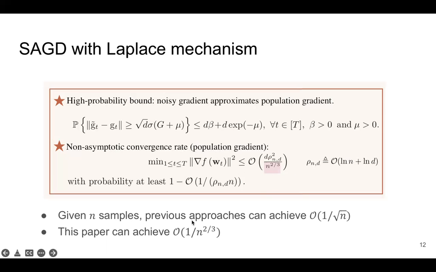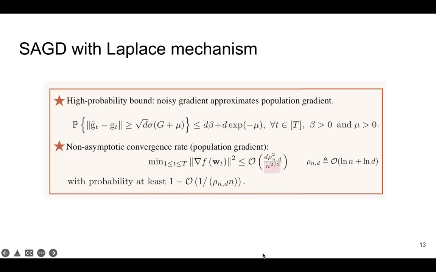Given n samples, the previous adaptive gradient method only achieves the convergence rate of 1 divided by square root n, but this paper can achieve 1 divided by n to the power of 2 divided by 3. So the SGD with Laplace mechanism achieves a sharper bound compared to the previous analysis.